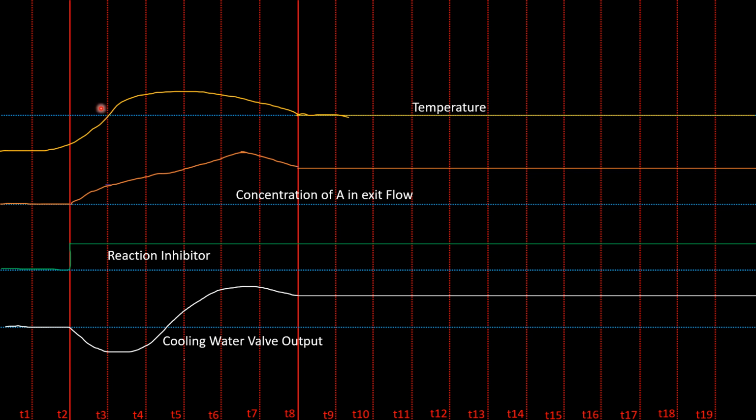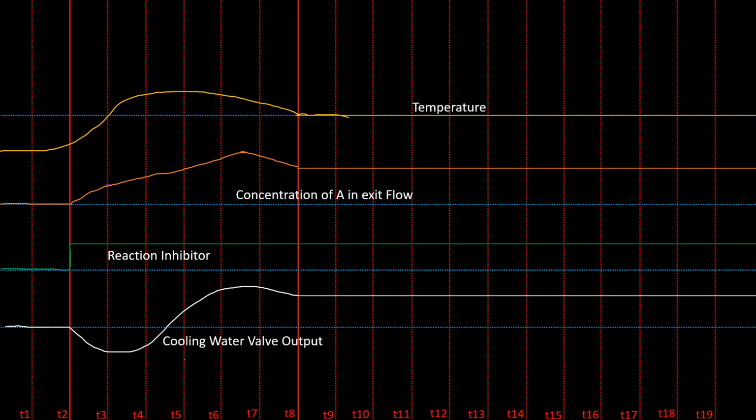Therefore, the temperature controller will now be controlling our cooling water valve output. So now we can see that because our temperature is above set point, our cooling water valve will start increasing again until our temperature converges back to set point, which causes the concentration of A in the exit flow of our reactor to have some delta between its set point and its PV.